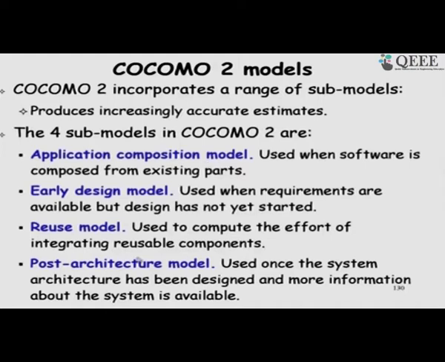So, in the reuse model we are modifying code, we are directly using the code, white box and black box, and here in the application composition model we just have those components available without modifying the internals, just using them. So, that is the application composition model, and the reuse model where we are doing white box reuse.